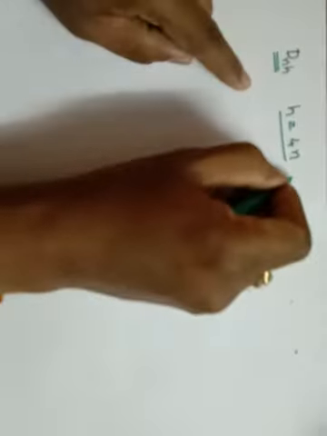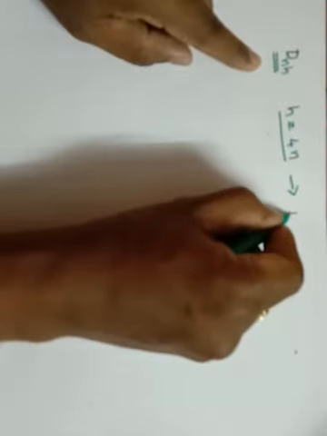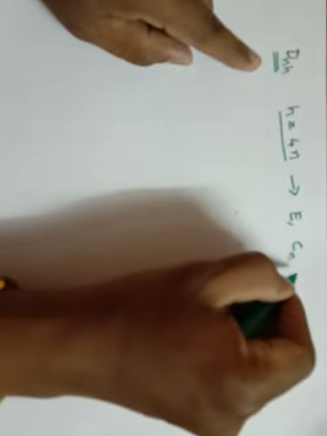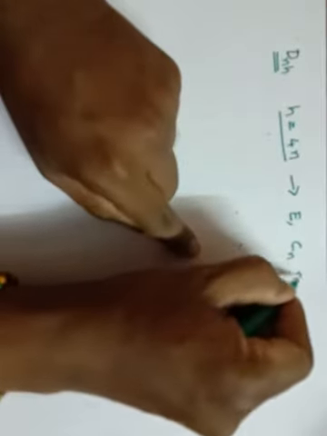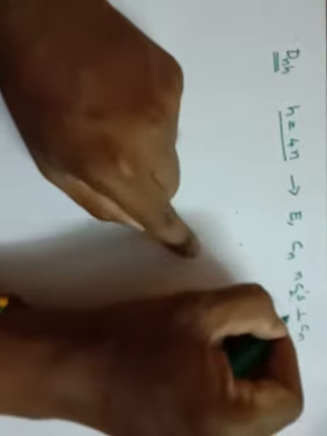Now the symmetry elements which are present in case of the Dnh point group are the identity, and the Cn rotational axis of symmetry with n number of C2s perpendicular to Cn.